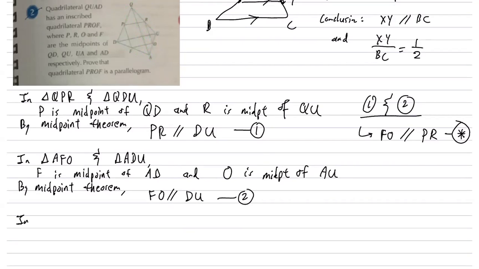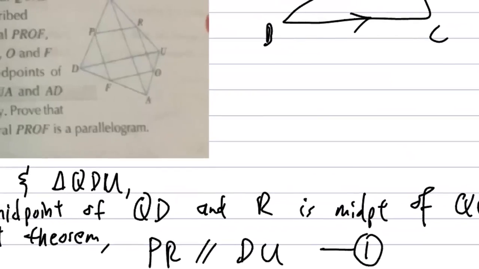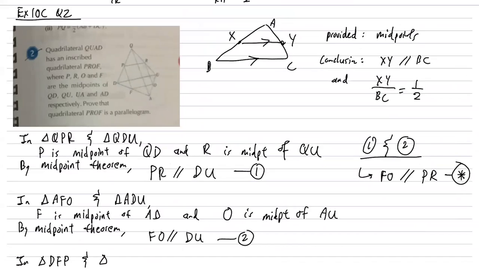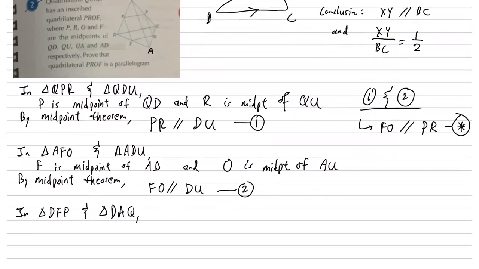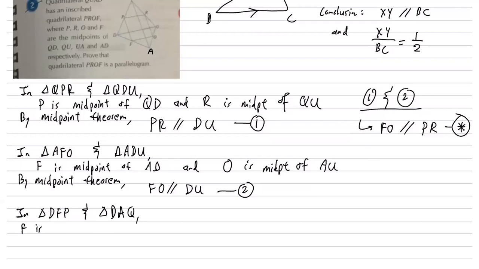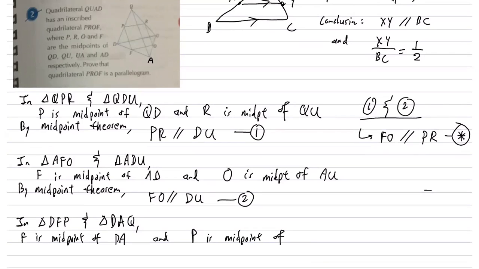This time in triangle DFP and triangle DAQ, we see that F is the midpoint of DA, and P is the midpoint of DQ.